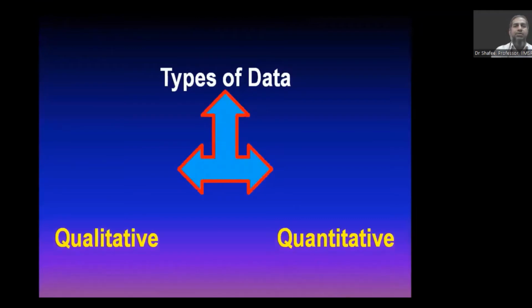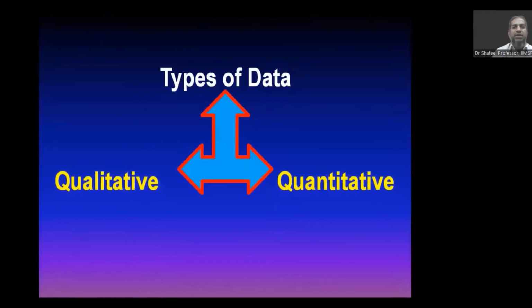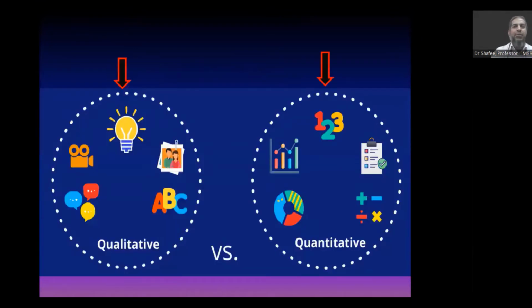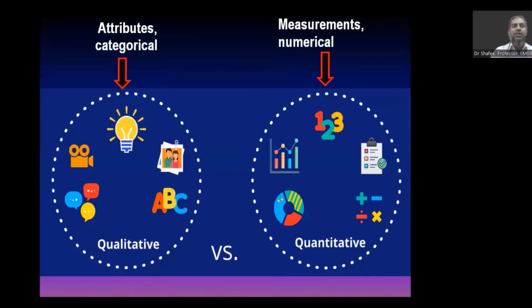Now coming to the types of data, there are two major types of data. Number one is qualitative data and number two is the quantitative data. So the name itself suggests qualitative means it is related to quality and quantitative means it is related to quantity of a variable. So how we are going to compare between the qualitative and quantitative data. So in case of qualitative, we have the attributes or it may be in the categorical form.